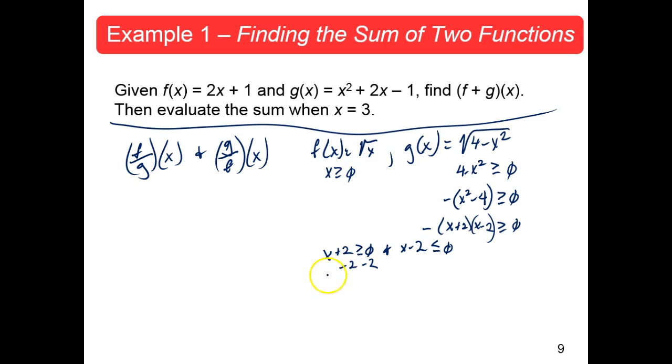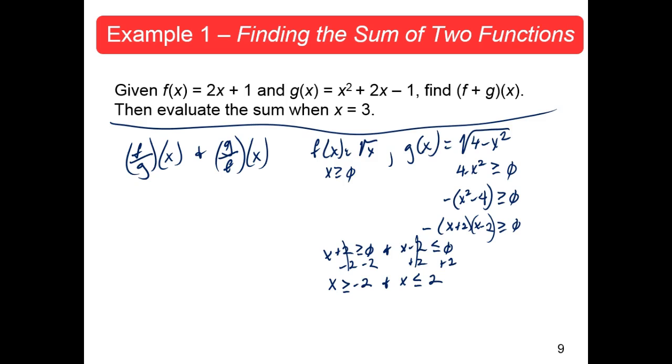And what do you have? x greater than or equal to negative 2. And at the same time, what do we do on the other one? Add 2 to both sides, and that gives us x is less than or equal to positive 2.